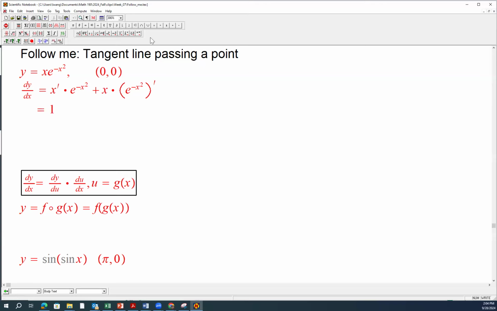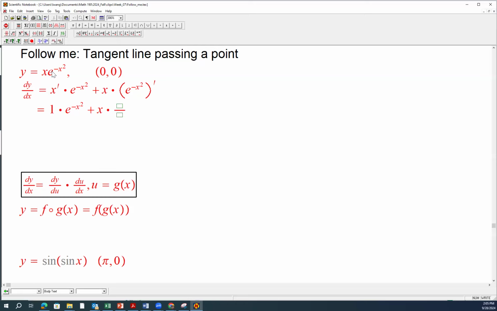You can go straight to 1 times e to the power of negative x squared, right? You can even omit the 1, right? Plus x times the derivative of that e to the power negative x squared function. So you treat it as, this is going to be a chain rule, right? So derivative of e to the power u with respect to u. So let me write it down.